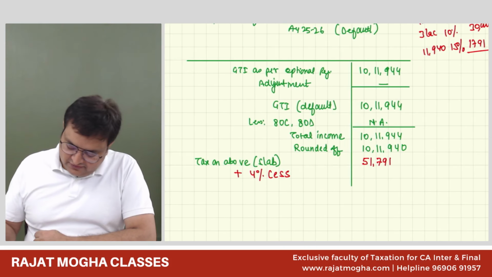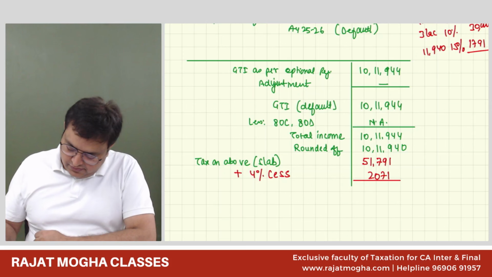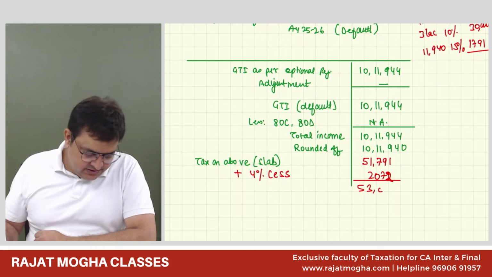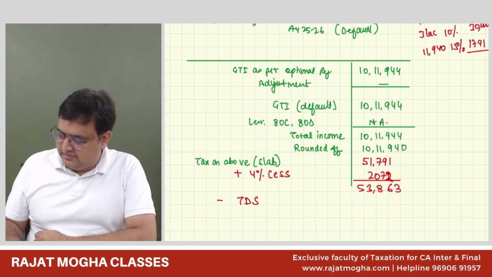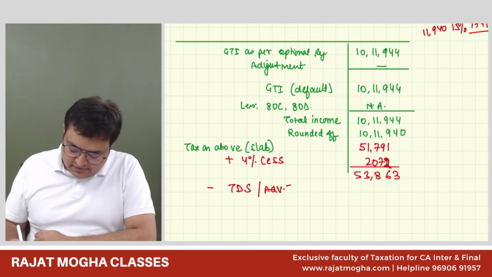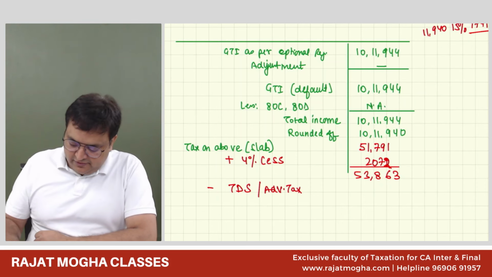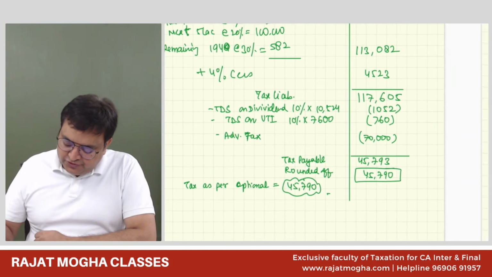2071, 72. Okay, you can take 72. So this would be 53,863. Less some TDS was deducted and some advance tax was also there. So just pick up that figure of TDS and advance tax. You don't have to show it again and again because you have already shown it.